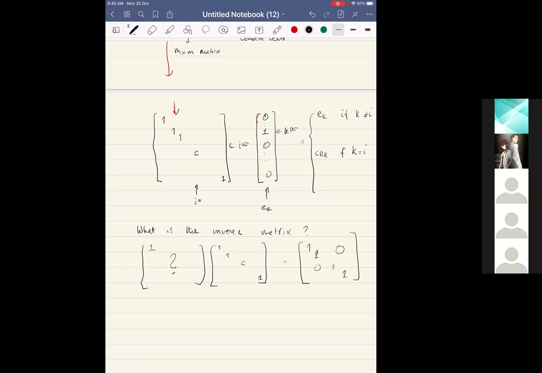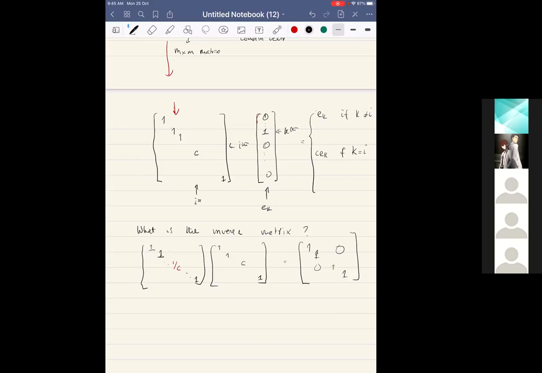It's clear that what will work is the one with 1 over C in exactly the same spot where C is.